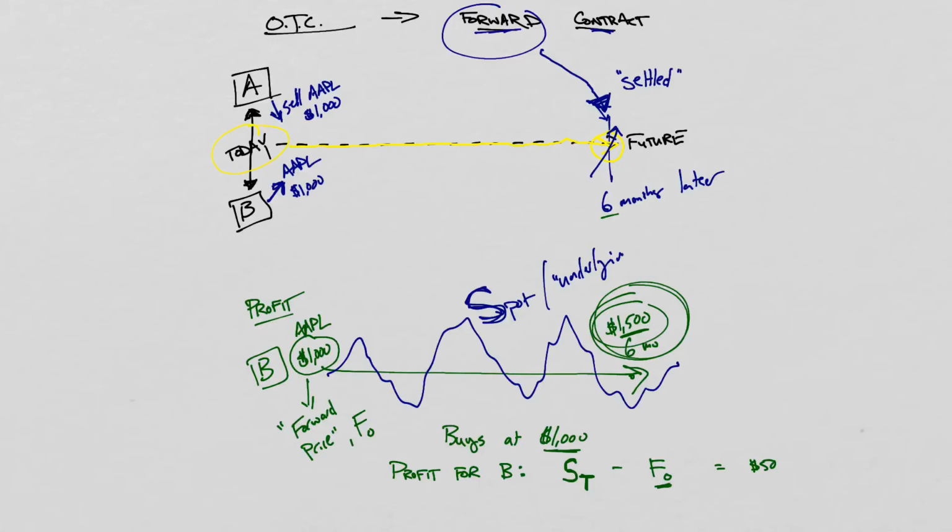So S is going to change at any given time during this 6 month period, but at the end of the 6 month period, S is subscripted by this T. This capital T means the end of the period. So this is just a way to generalize the formula for calculating profit for B here, $500.